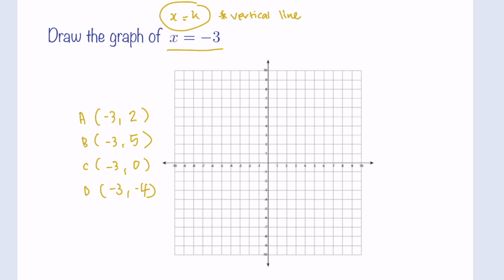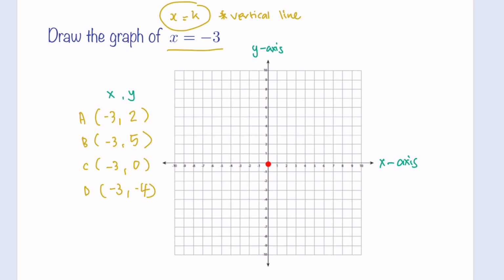Now we're going to plot them on this graph and see that it makes a vertical line. So first I'm going to label my axis, my y, and my x-axis. And with my coordinates, I know that the first number is the x-coordinate followed by the y-coordinate, and I must start at the origin.